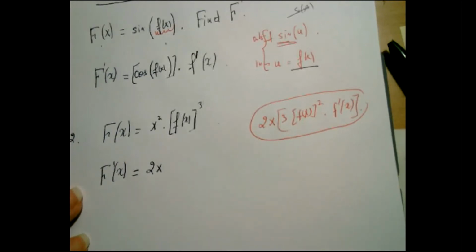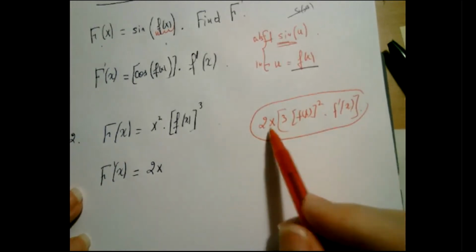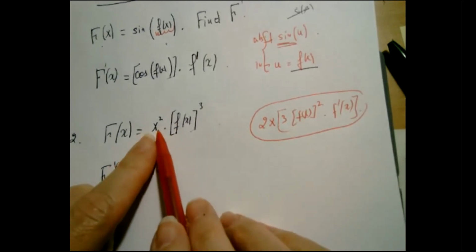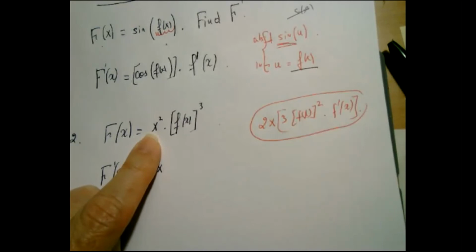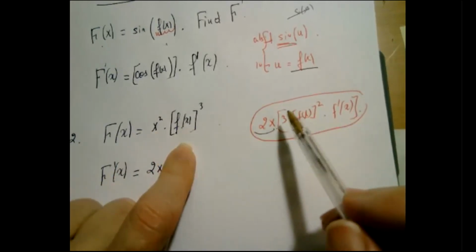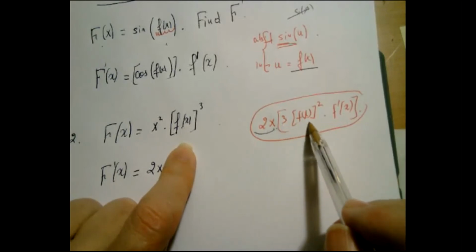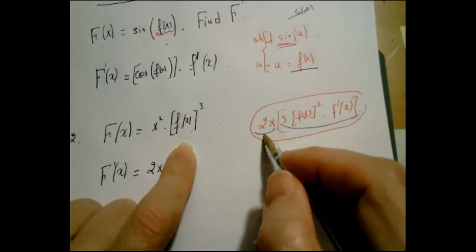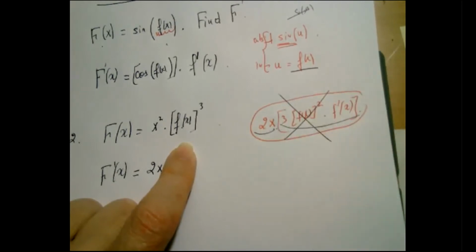What should the derivative be? What your classmate did, instead of using the product rule, he said it's the derivative of x squared, which is 2x, and he times it with the derivative of f of x to the power 3, which is 3 f of x squared f prime. So this is the derivative of f of x to the power 3, and this is the derivative of x squared, but that's not the answer because we have to use the product rule.